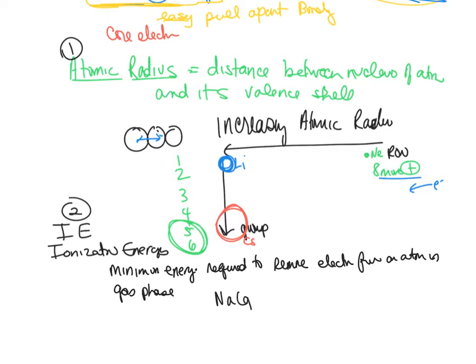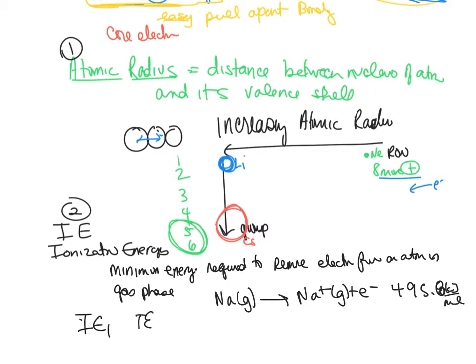You can see if you take sodium and make its ion and dislodge an electron, that is measured, and that is actually 495.6 or 0.8 kilojoules per mole. And so for the first ionization, you'll see IE1 and IE2.